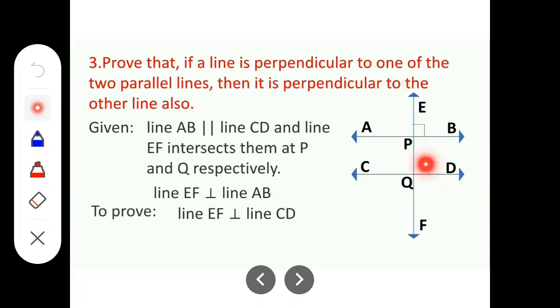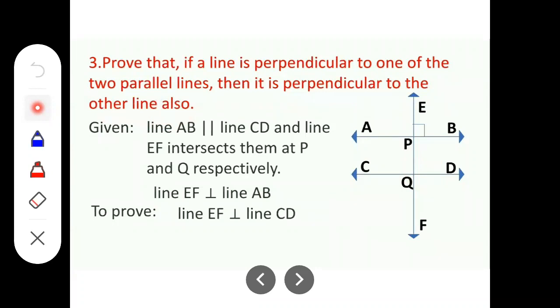We know the property that corresponding angles are congruent. So if one is 90 degrees, as it is given perpendicular, the other angle will also be 90 degrees, because those are corresponding angles. So this line is perpendicular to the second line also. That we have to write.